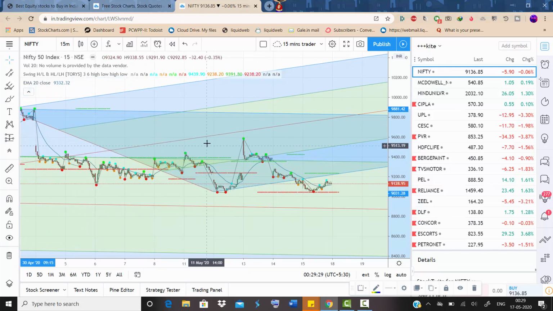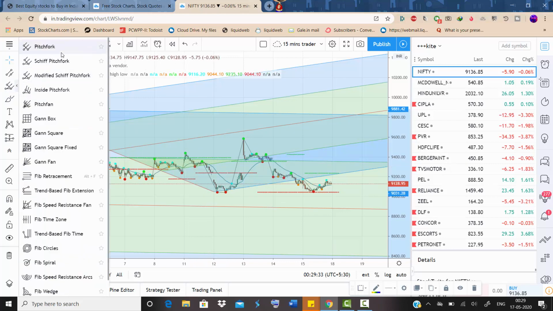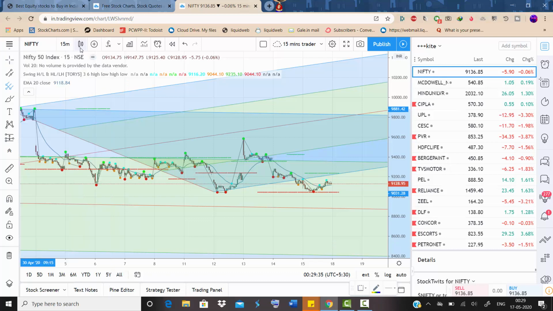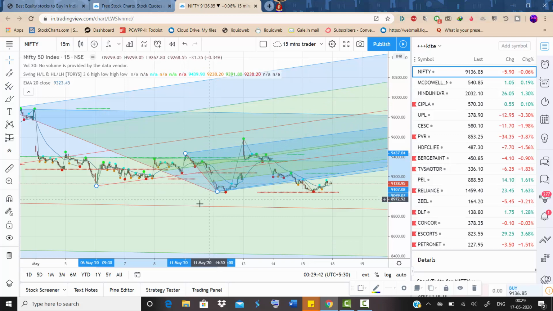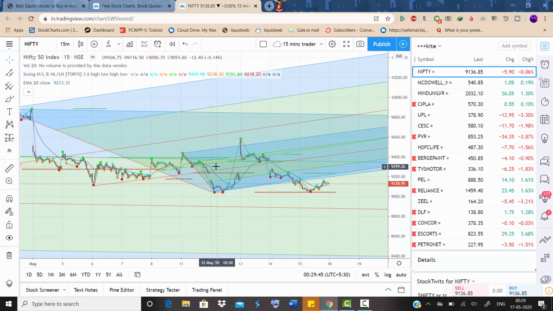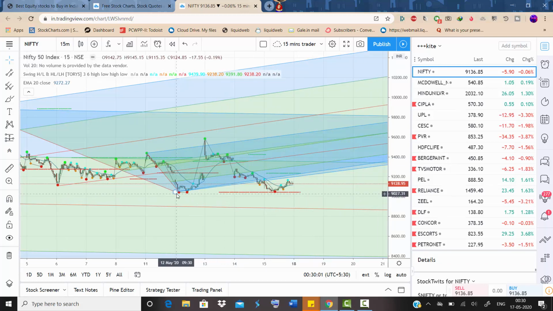So you can see A, B and C. Just click pitchfork, A, B, C. So you can see this small intraday channel. So once a stock hits here and goes to the side, it just pulls back to the center line. Once it hits lows, if it is not able to pull back, stop loss is hit and it just goes down. So you can see this.